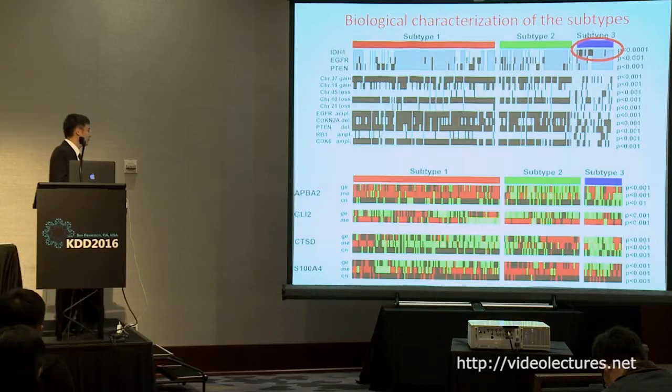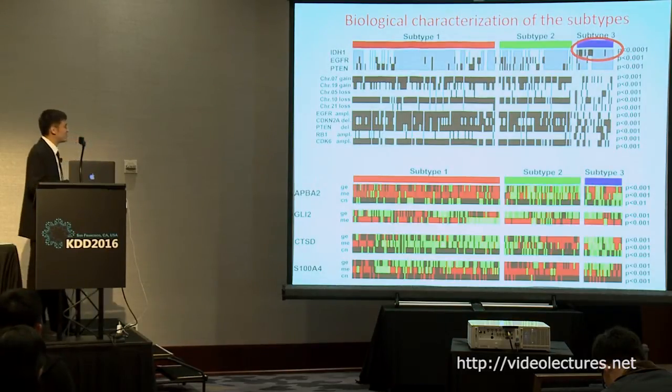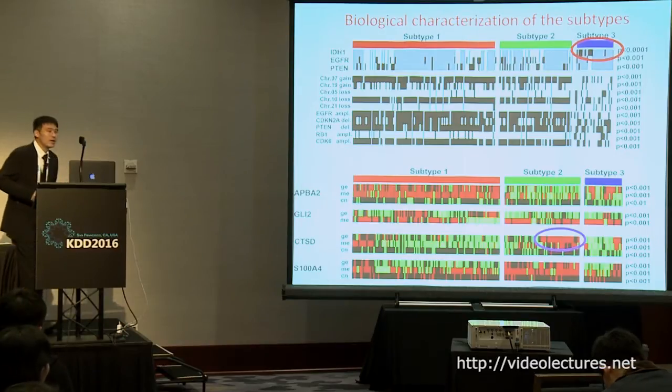And once we take a look at a couple of other genes, we can compare the subtype 1 and subtype 2 patients. They have a gene overexpressed, the CTSD gene. Comparing subtype 1 and subtype 2, the CTSD gene is very prevalent in subtype 2. And this explains why TMZ is only working in subtype 1 and not subtype 2.